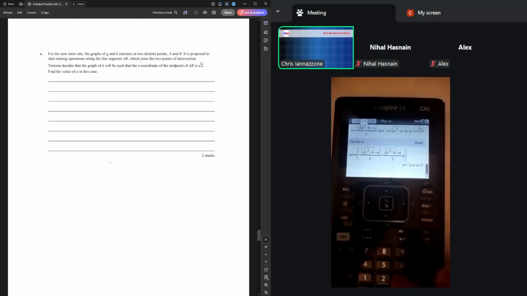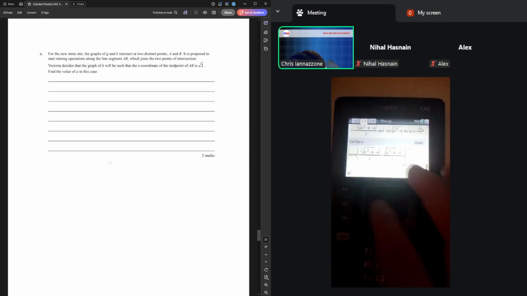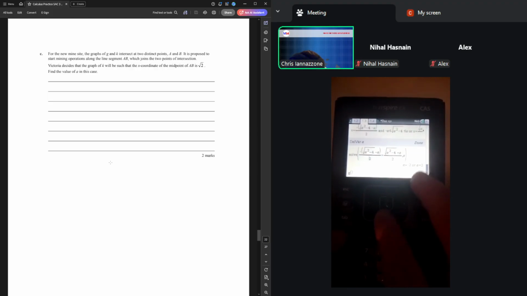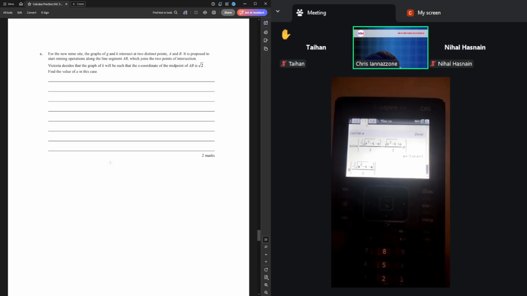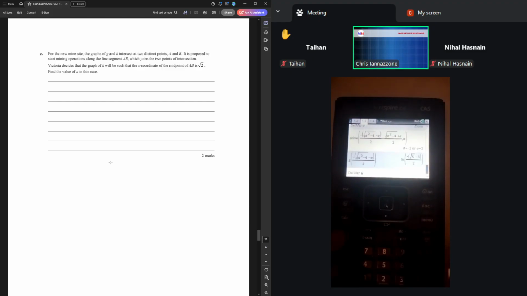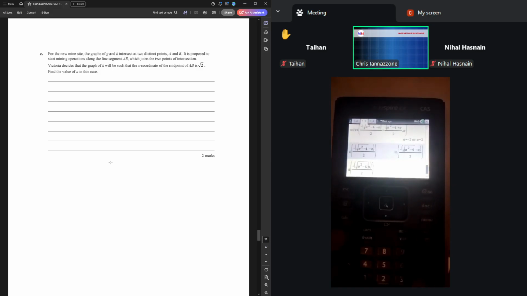So to get our coordinate pairs, we're going to go g of this one. 3. Okay, and then the other coordinate pair is the positive.